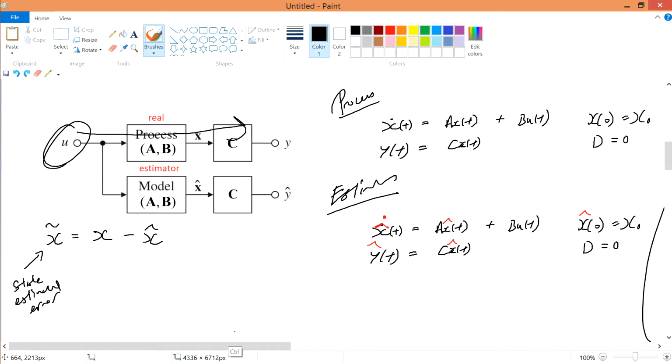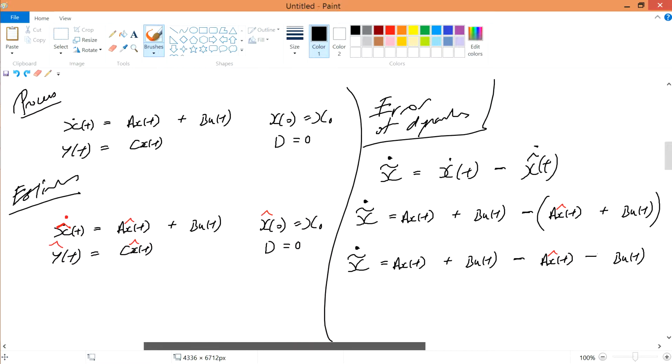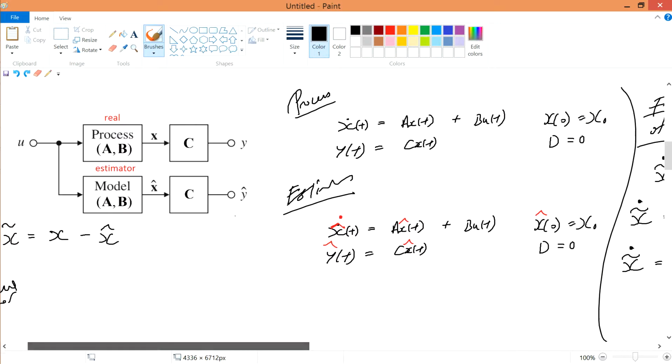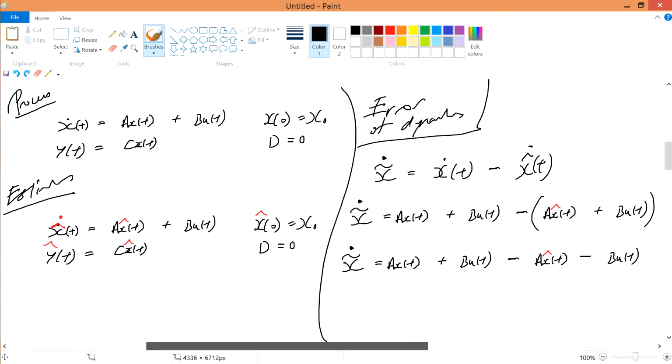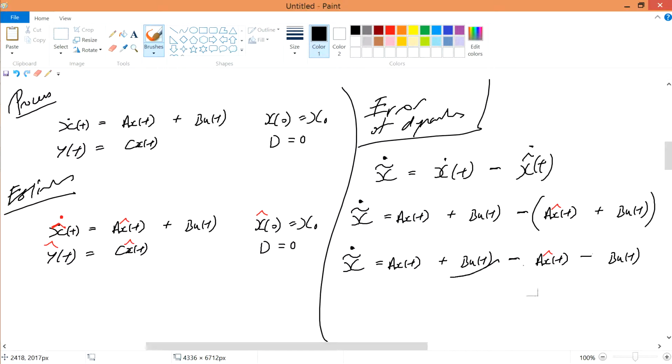If you minus away each other, you minus away their input, and you can then look at the difference between their states. I'm not going into details, but at least you get what I mean. So I simply cancel out the BU and the BU, and what I have is Ax t minus Ax hat t.